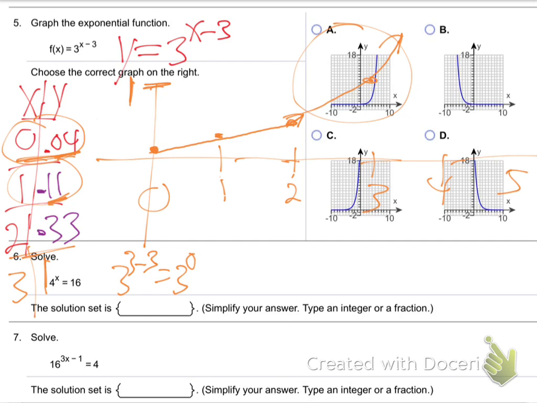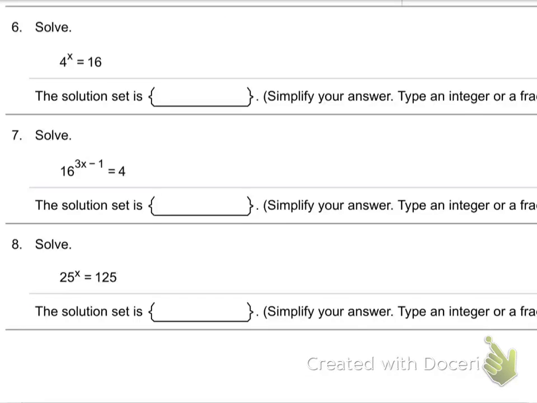All right, I'm going to move on if you're okay. Let me just do a fresh screen here. So we have 4 to the x power is 16. They basically want me to find x, or solve for x. So how do I find x there? 4 to what power is 16? Yeah, this one you can just tell by looking. 4 to the second power, right?